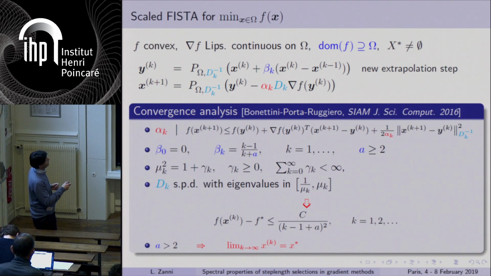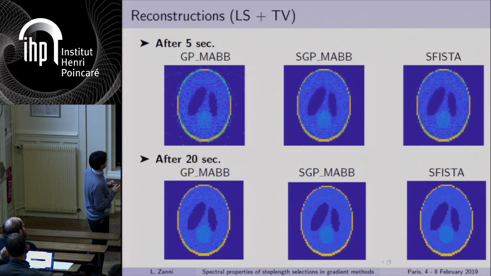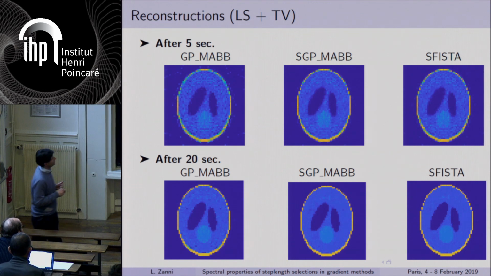In this case, the scaling metric works on the forward step and also in the line search that we perform to adapt the step length alpha k in Vista. I hope that something can be observed also in the reconstruction.